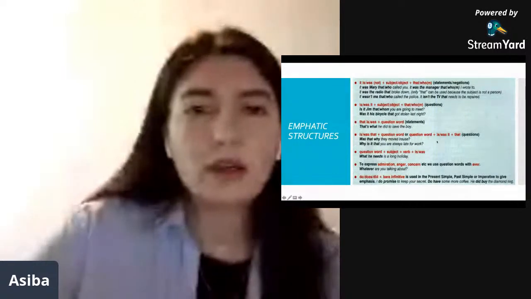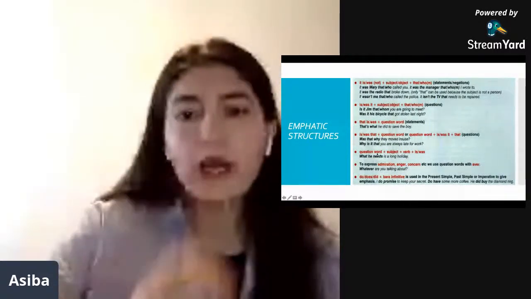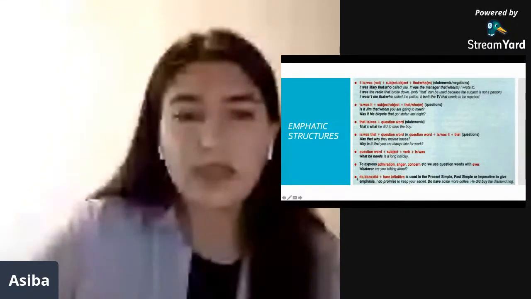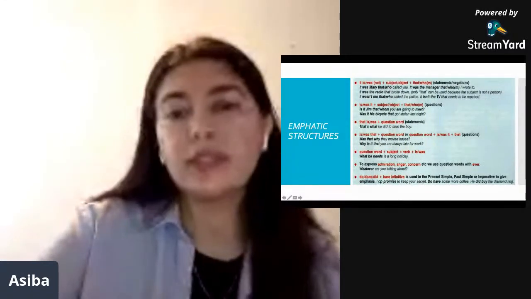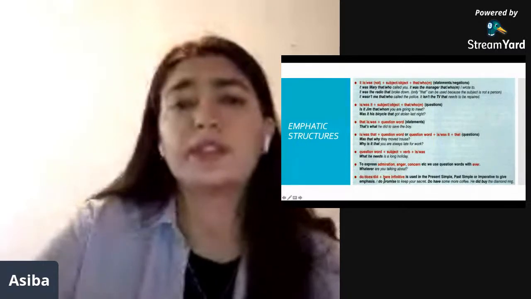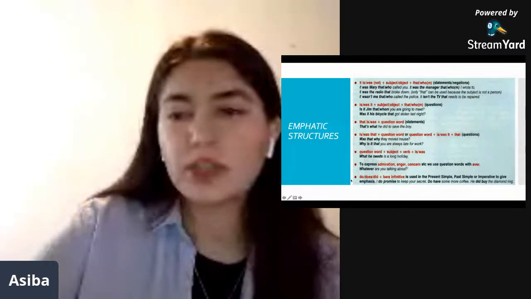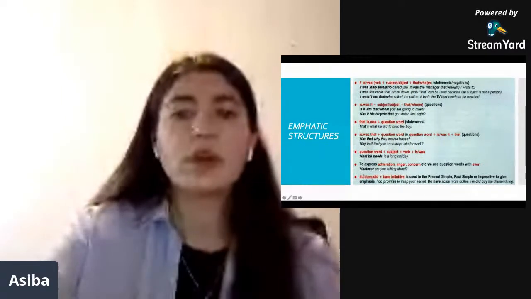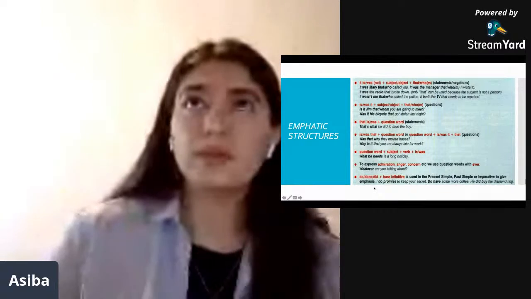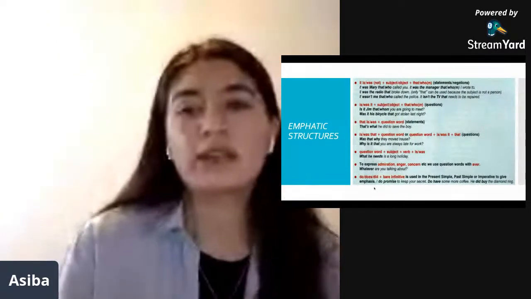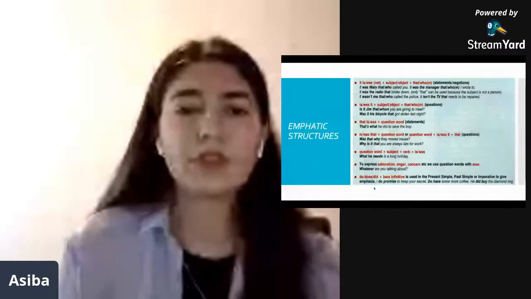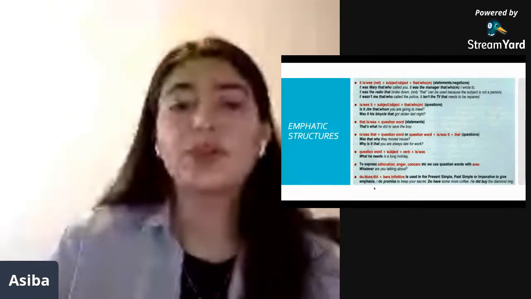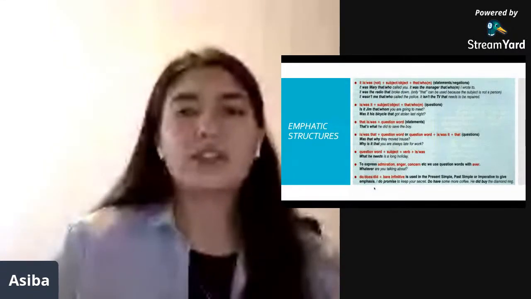Next thing I want to highlight here is the last point: do, does, or did with bare infinitives. Can you please pay attention to this last part? In any simple sentence, for example as shown here, I can say, I promise to keep your secret, and it's just a sentence.